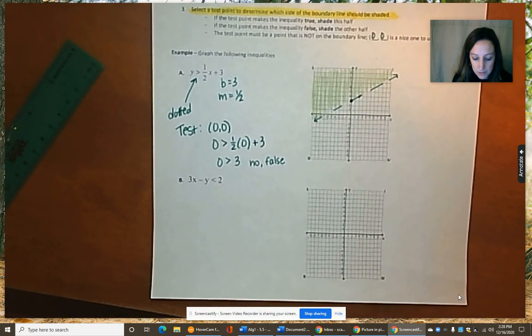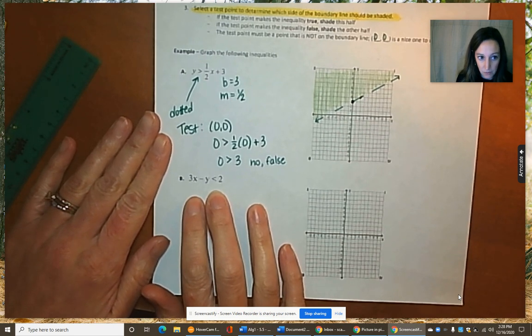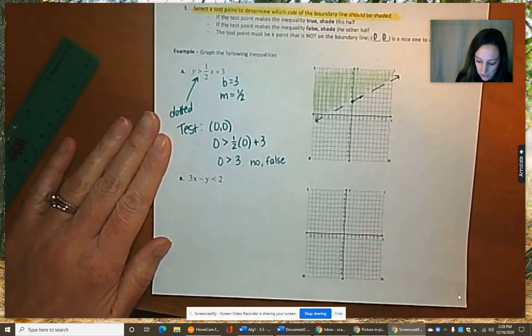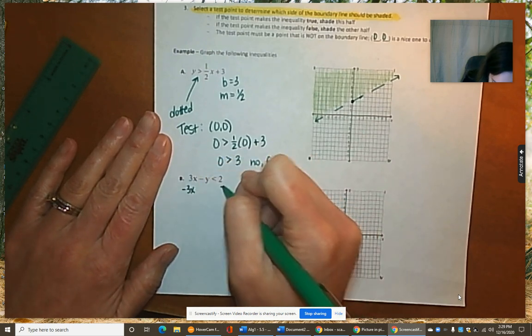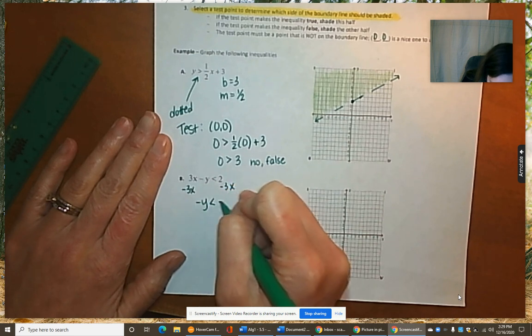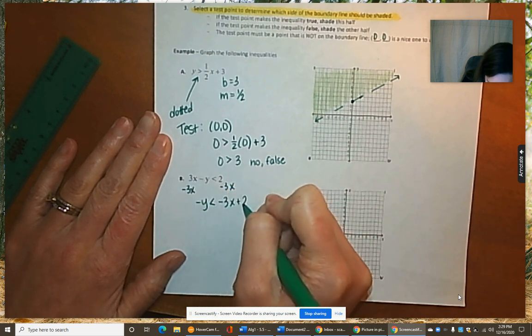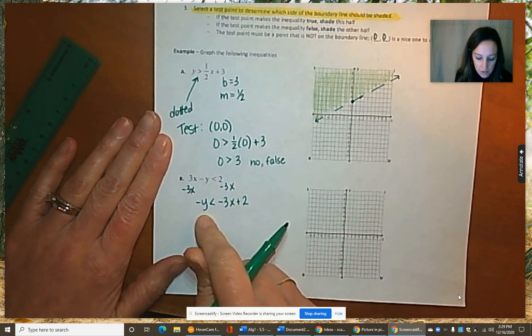All right, let's try this one. We have to first get it into slope-intercept form. So slope-intercept form says that our x has to be on the other side. So I'm going to subtract 3x. That leaves me with negative y is less than negative 3x plus 2. Well, this isn't slope-intercept form because my y is negative, right?